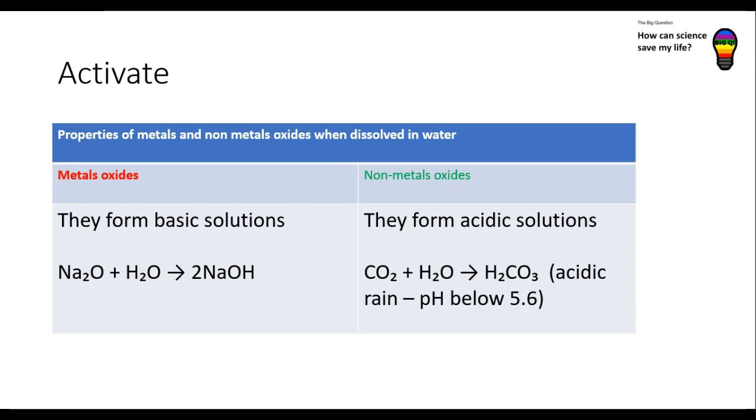And on the other hand, you have carbon dioxide combined with water to make carbonic acid, which is acid rain eventually, and has a pH that is below 5.6. So these are examples of the reaction of metal oxides and non-metal oxides with water. So remember, metal oxides form basic solutions in water, and non-metal oxides form acidic solutions.